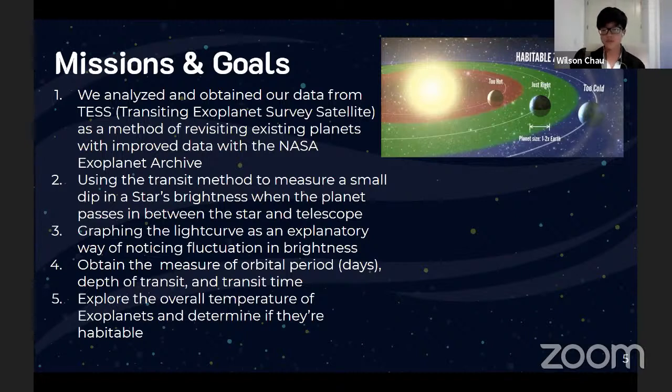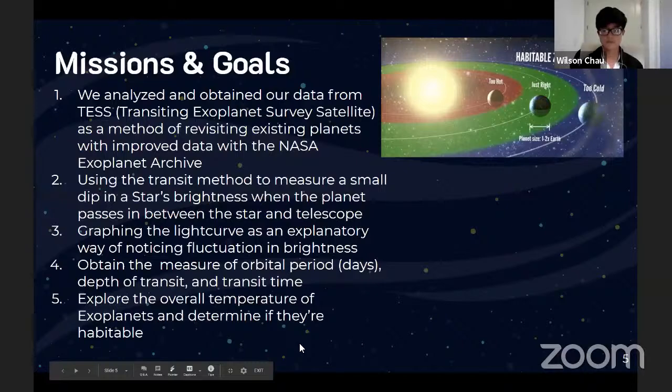Graphing the light curve was an explanatory way to notice the fluctuation in brightness. We obtained the orbital period in days, depth of transit, and transit time. A few further things we were planning to do were to explore the overall temperature of exoplanets and determine if they're habitable. Next slide.